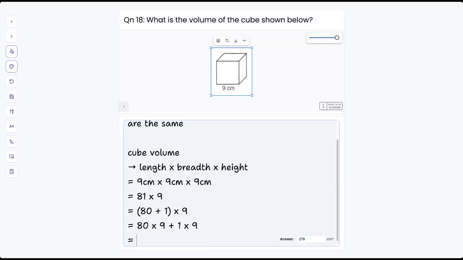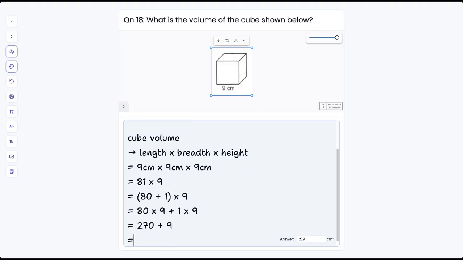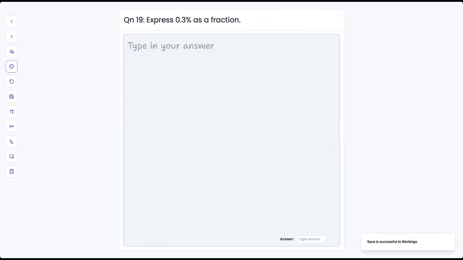So 80 times 9 is 720, and then plus 1 times 9 is 9. So the answer to this is 729 centimeter cube. So I think we have the answer. Okay, that's it. Let's move on to the next question.